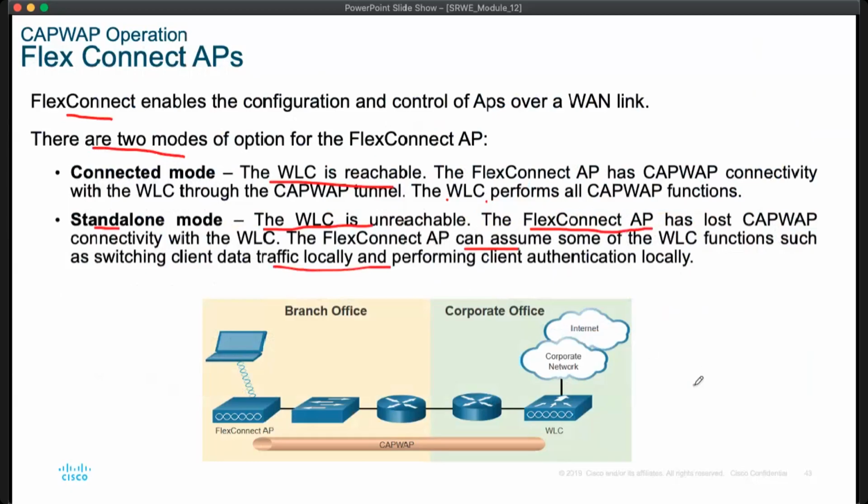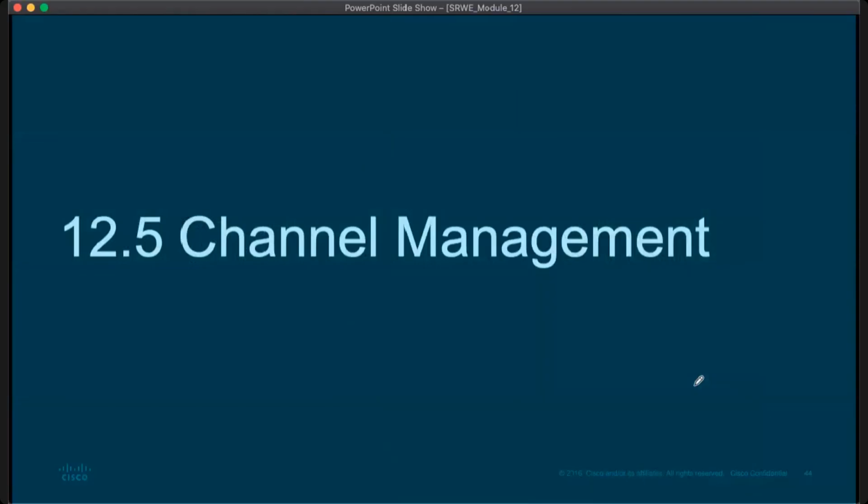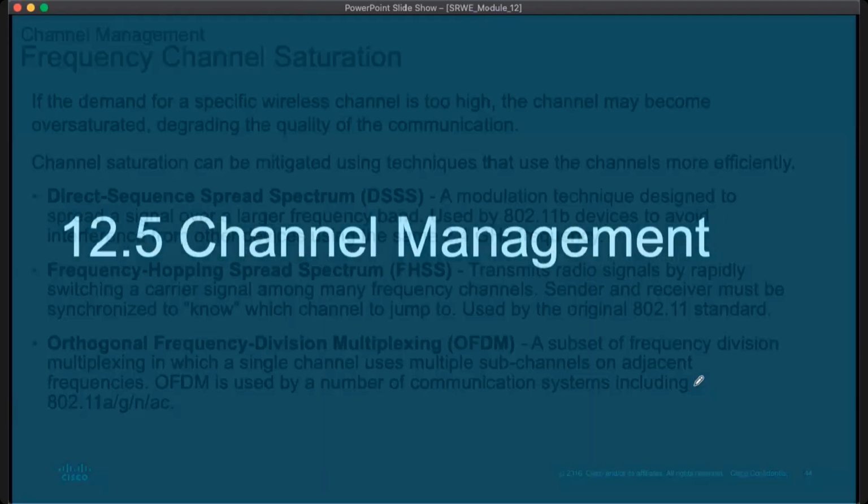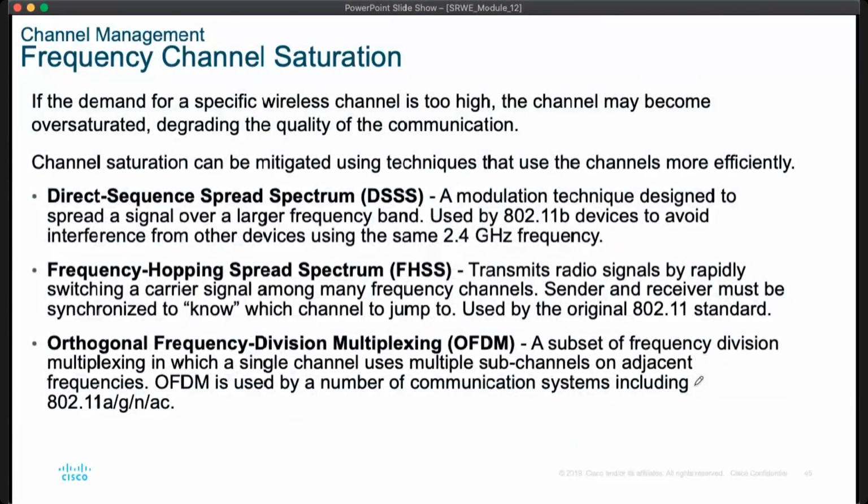12.5 channel management. Frequency channel saturation. If the demand for a specific wireless channel is too high, the channel may become oversaturated, degrading the quality of the communication. Channel saturation can be mitigated using techniques that use the channel more efficiently.